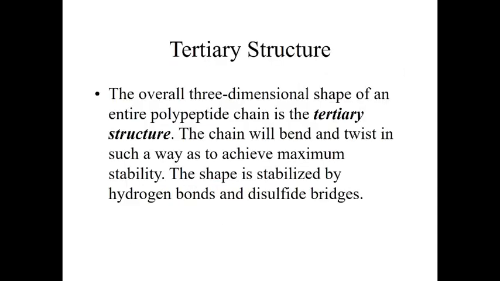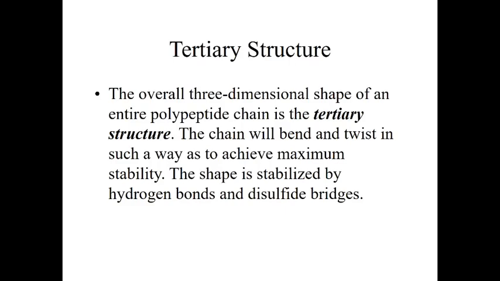The tertiary structure is the overall three-dimensional shape of one entire polypeptide chain. This chain is usually large, it's bent and twisted into a particular shape that will give it a particular function. It's also in the shape that gives it maximum stability.